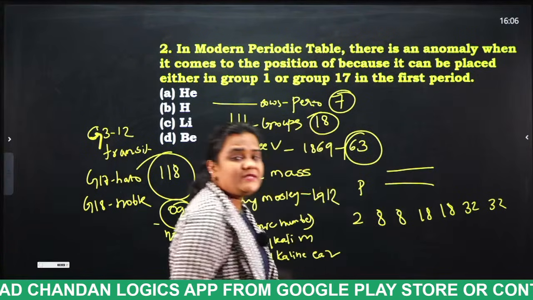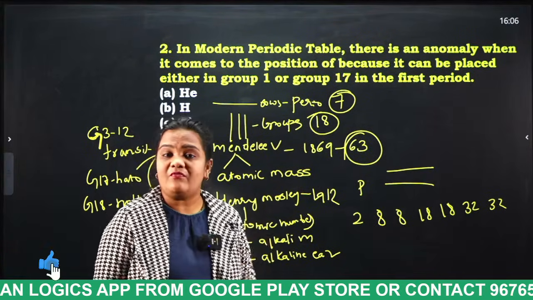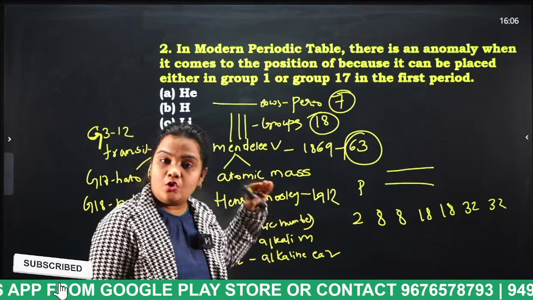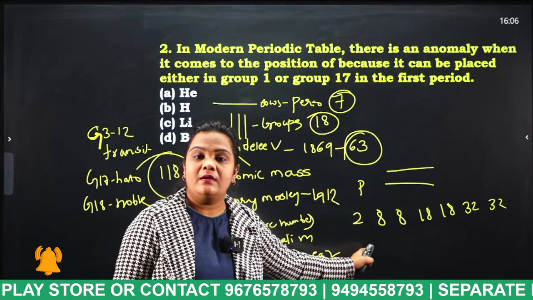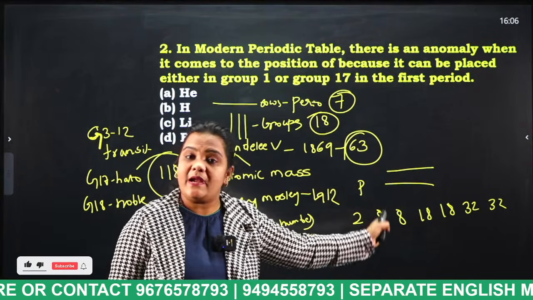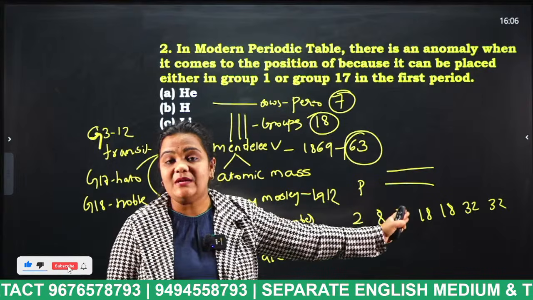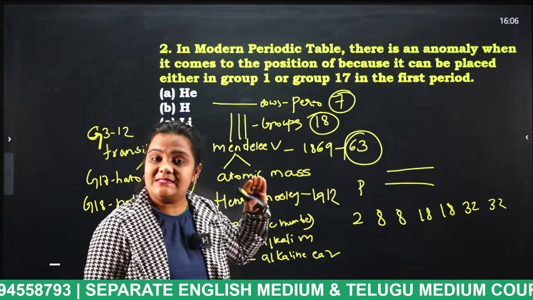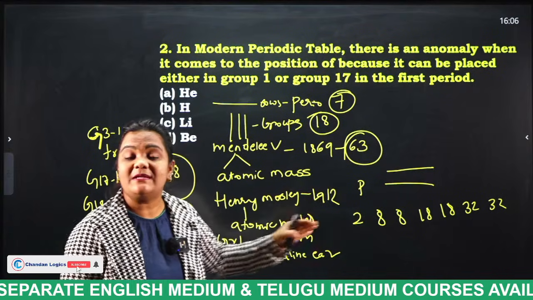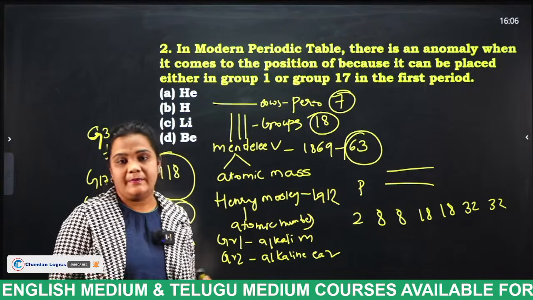In period 1, the number of elements is 2. In period 2, 8. Period 3, 8, period 4, 18, period 5, 18, period 6, 32, period 7, 32. This is the trick to remember how many elements are there in each and every period.